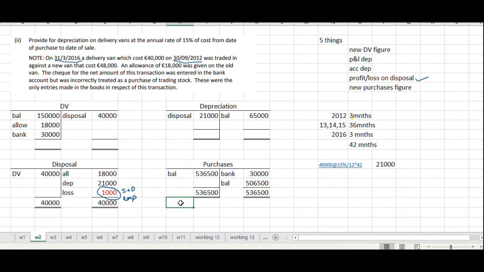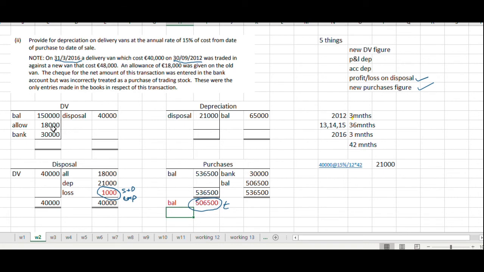It's brought down here. Balance 506,500. So again, where will that go? I'm going to circle it, that would go in the trading account. That's our second figure, the purchases figure.